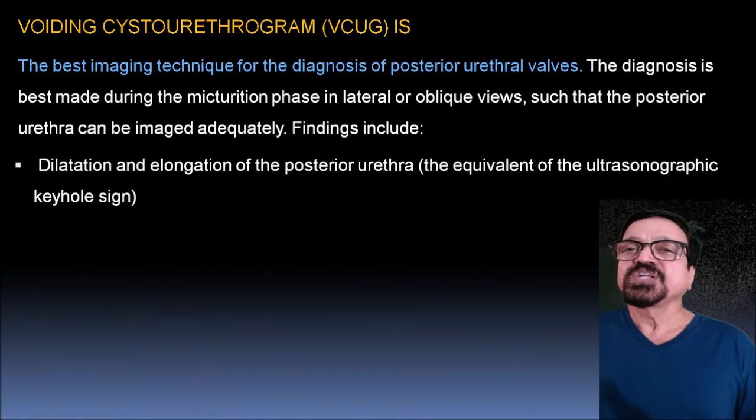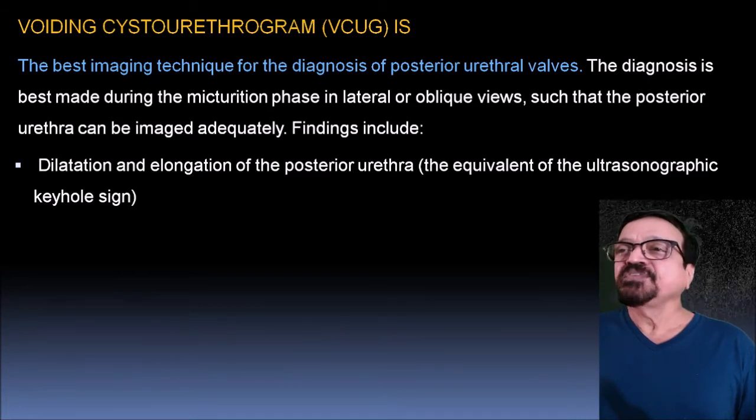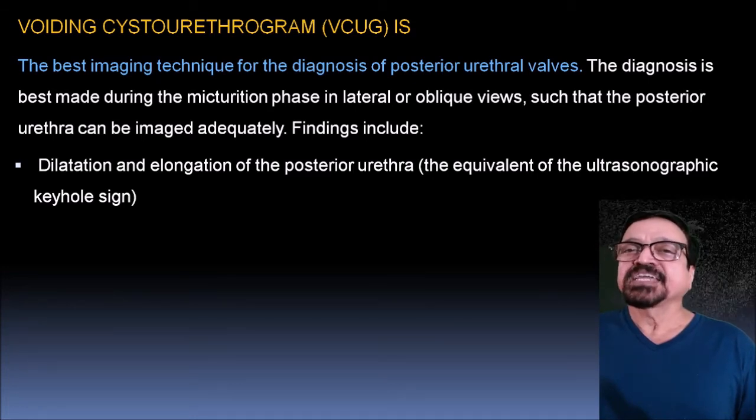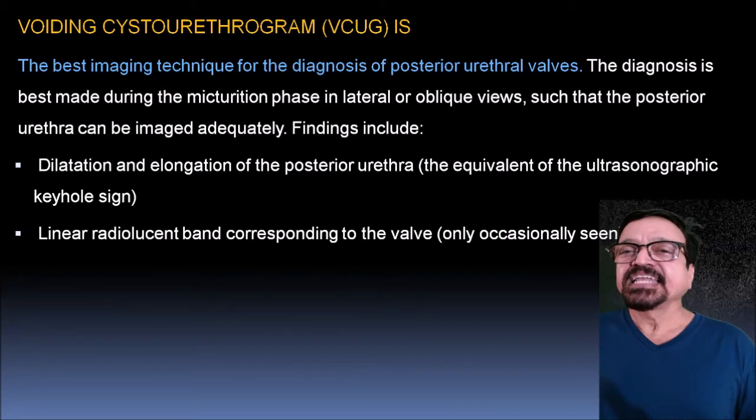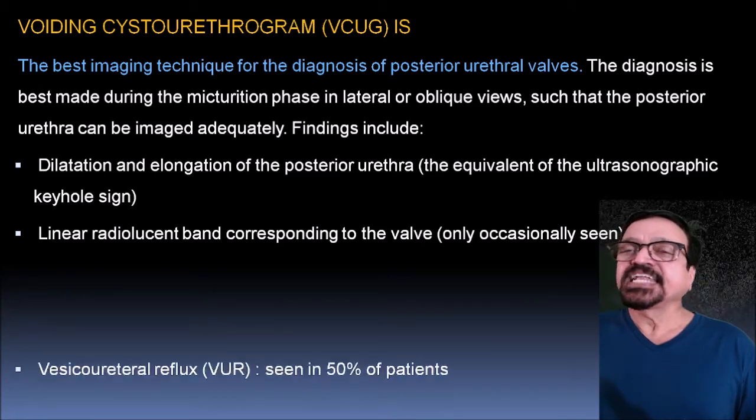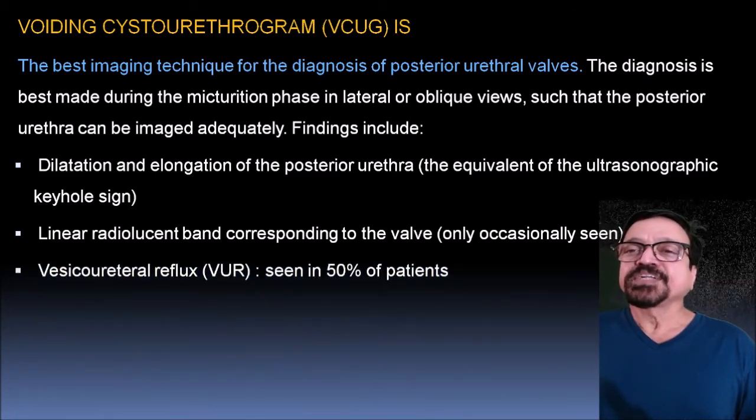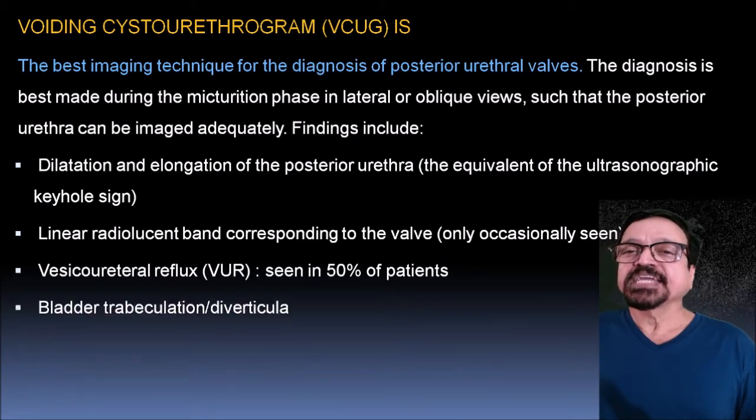Findings include dilatation and elongation of the posterior urethra, equivalent to the ultrasonic keyhole sign, and linear radiolucent bands corresponding to the valves, usually or occasionally seen. Then vesicoureteral reflux is seen in 50% of cases, and bladder trabeculations and diverticula are also noted.